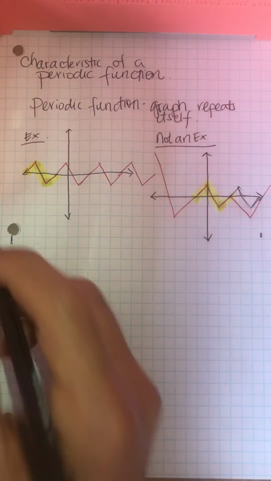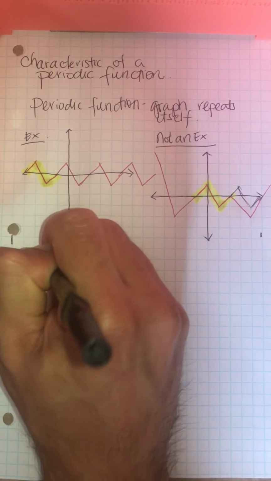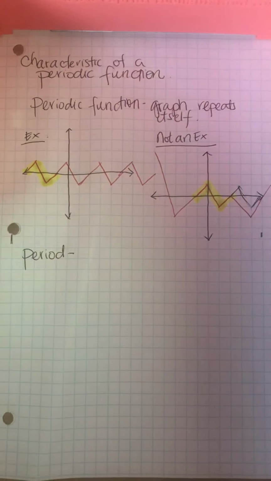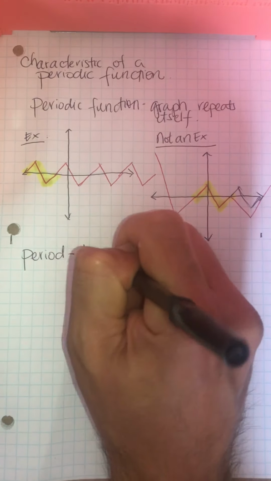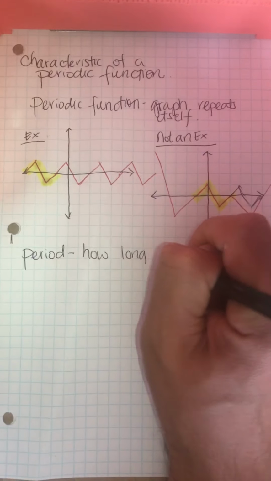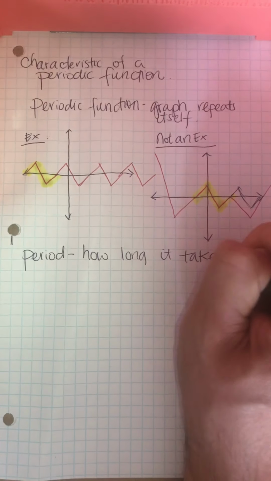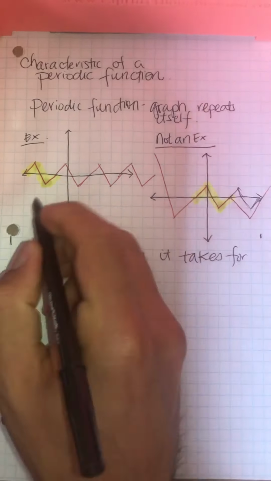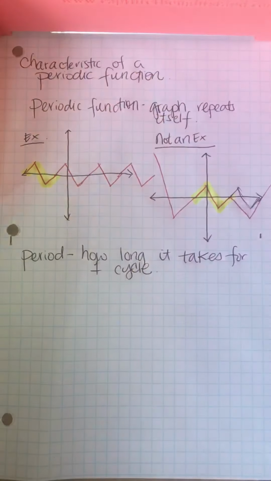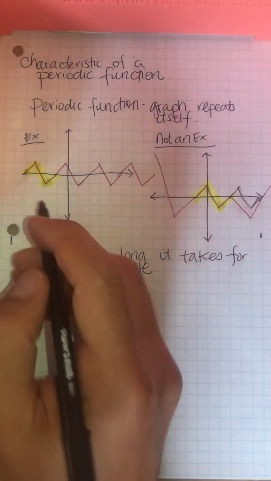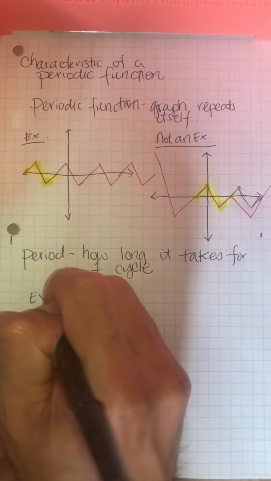Okay. Now, let's talk about what it means for a period. A period, you guys, is how long it takes for one cycle. So let's go ahead and focus our attention on our example one more time.